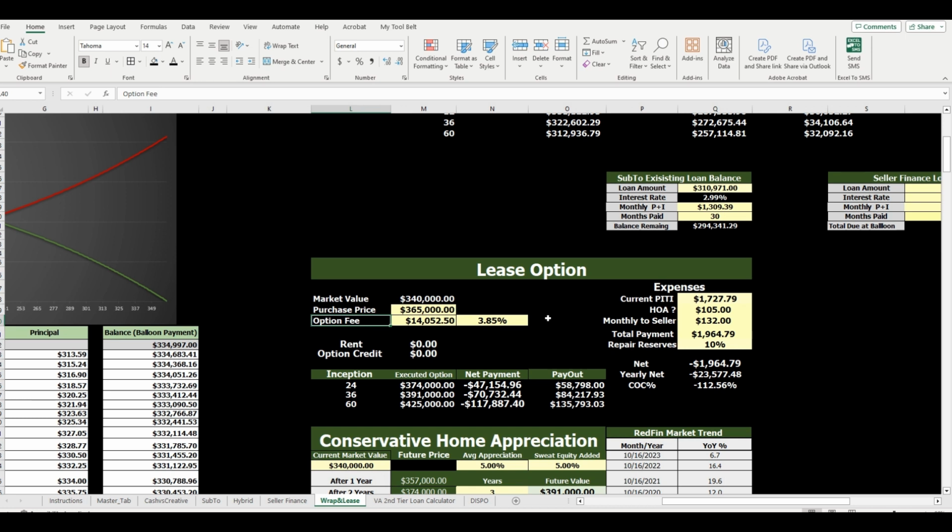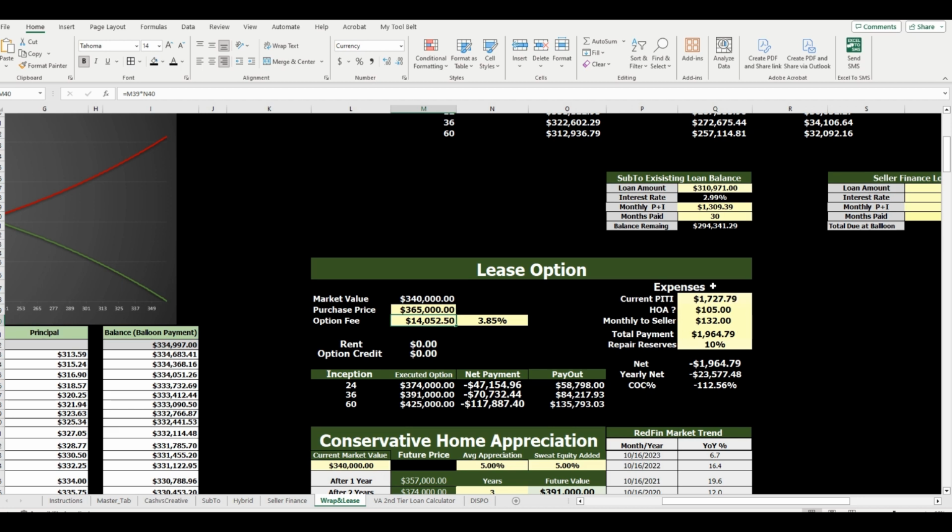Non-refundable, and it will also go towards the option price at the end of the term agreement should the retail buyer want to execute the lease option to purchase the property. But on this option fee, I'm going to be looking at about $14,000 as my down payment.